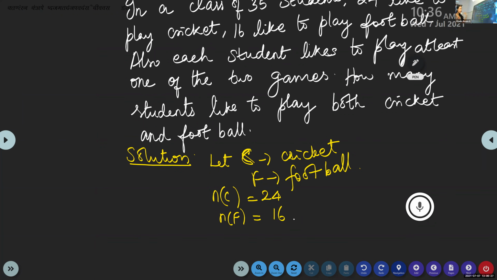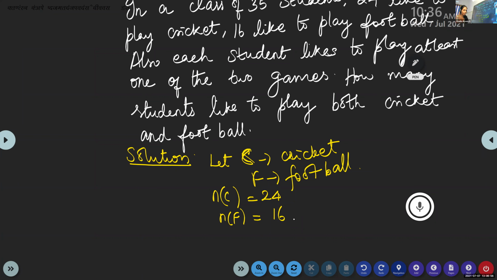Also, it is given each student likes to play one of the two games. So either they will play cricket or football. Or means what is the symbol we use? Or means which set operation? Yes, Pavitra, which set operation will you use here? Or. Either cricket or football.